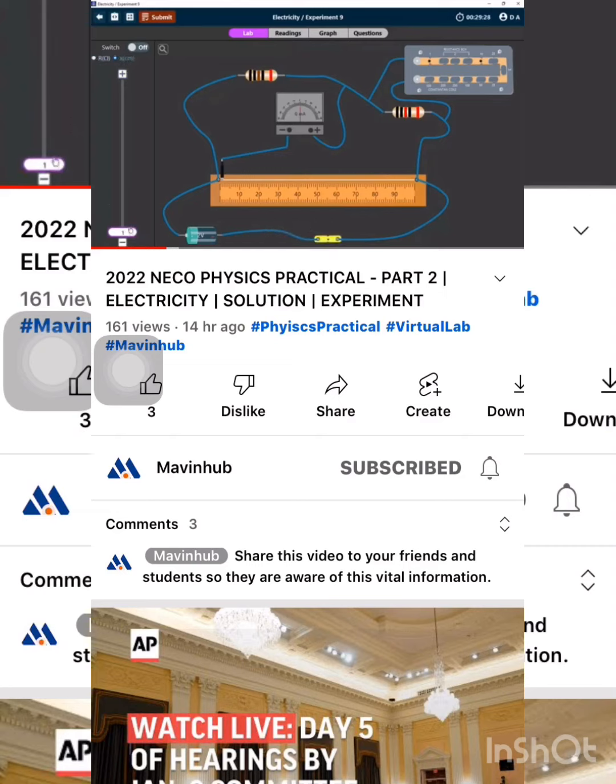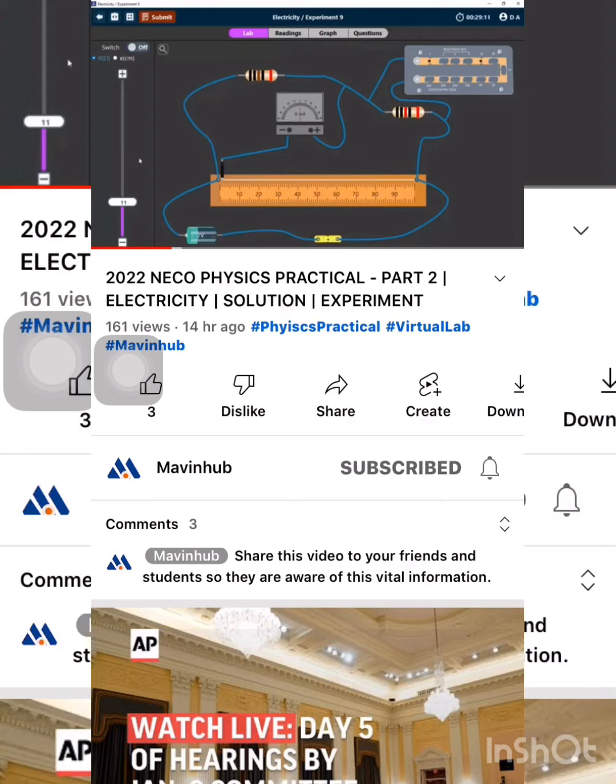Then you move the slider, and the jockey moves to whatever point you want. Then don't forget to insert the key by switching it on or off. If it's off, it means the key is not inserted. If it is on, it means the key is inserted.